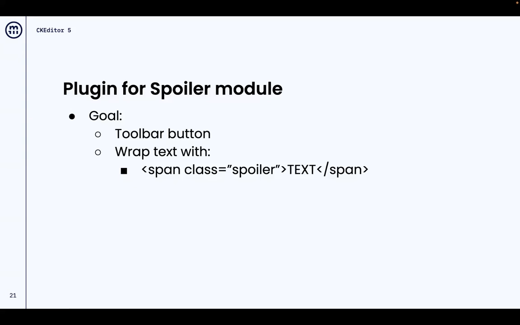But the goal for the plugin is to have a very simple plugin for CKEditor: a toolbar button, and when you highlight some text and click the button, it would wrap that text in a span tag, basically.